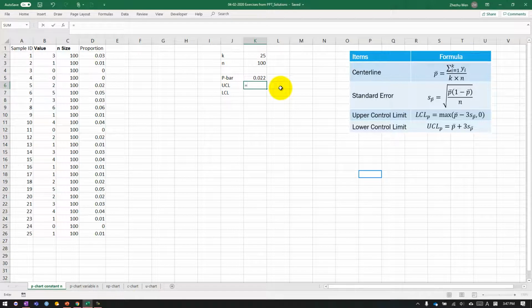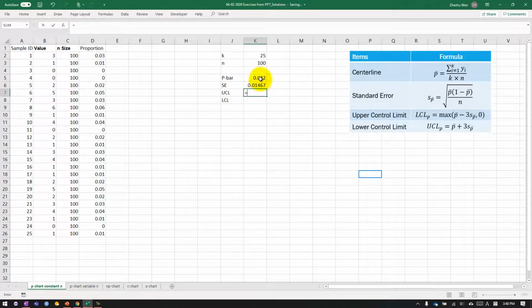Okay, so for the upper control limit, we can't actually do that right away because we need to calculate the standard error, right? Standard error is the square root of P bar multiplied by 1 minus P bar, divided by the sample size N. Let me see. I need to close the parenthesis before I do division. Okay, this will give me a standard error of 0.01467.